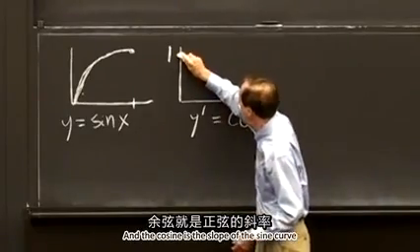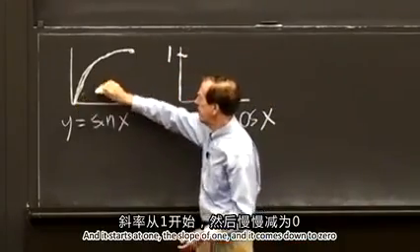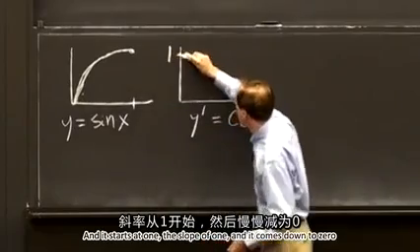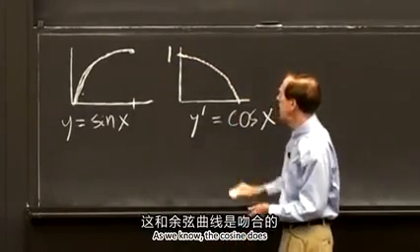And the cosine is the slope of the sine curve, and it starts at 1, a slope of 1, and it comes down to 0, as we know the cosine does.